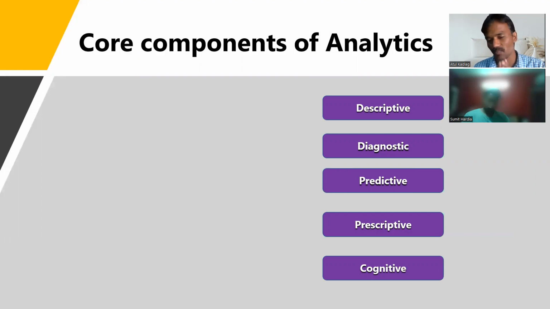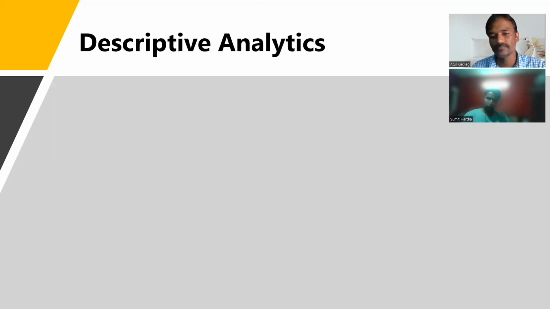It's not just Power BI; there are other analytical tools as well, but we should be able to understand these core components. Any of the data will fall under one of these components, so let's see them one by one.